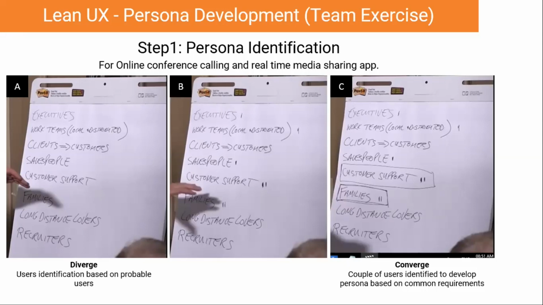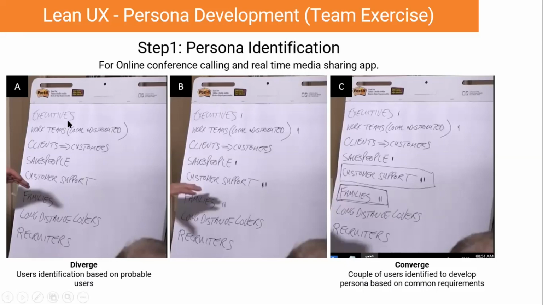It could be Zoom, or a Google app, or Skype, or anything, right? That is the product they have developed. Now they are identifying who will be their customers. So here, as the bottom shows, you diverge and identify who all could be your prospective users, and later you will converge.